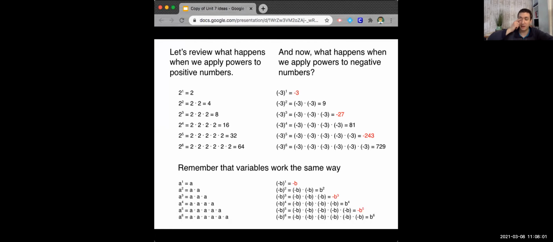That's one way mathematicians can get unstuck on a problem with a variable: you can pick a number and see if you can find a prediction or a pattern in that. Are there any questions about that? Right here, I want you to see that if the base is negative, then sometimes the answer is positive, sometimes it's negative. That's the big point of what we're talking about right now.